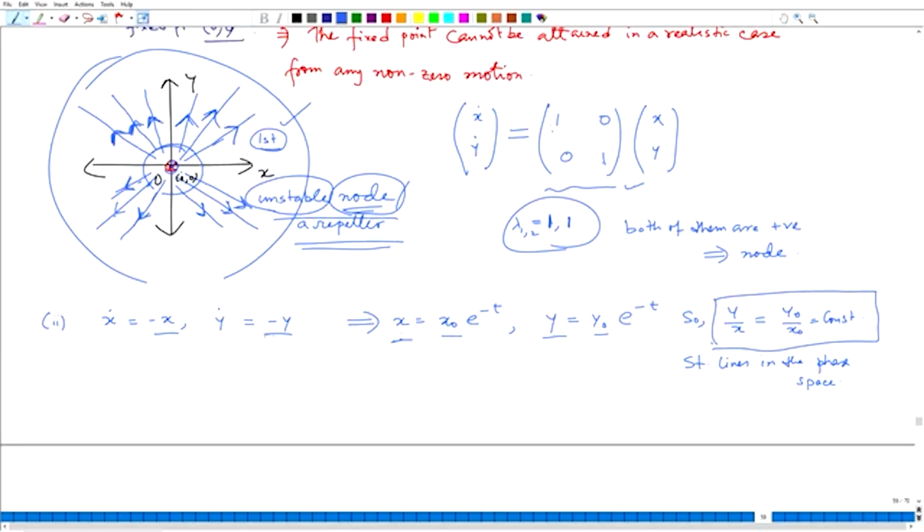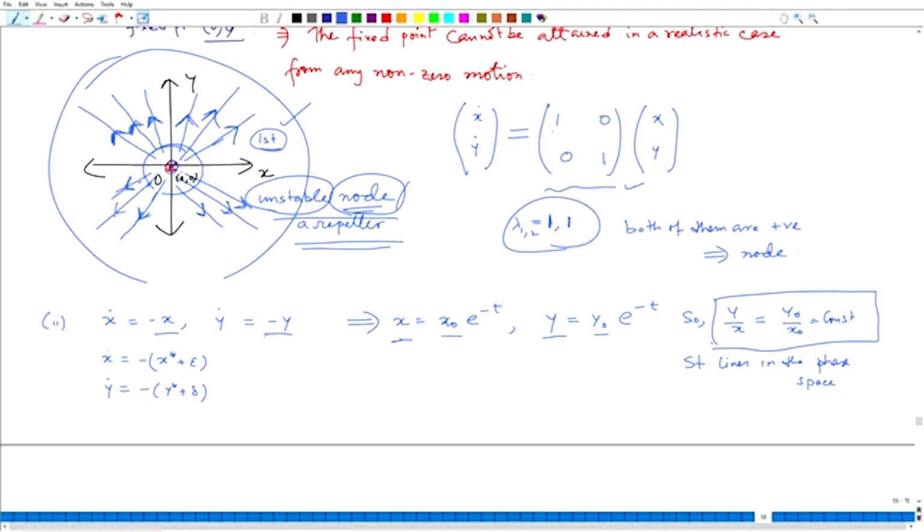Now, you can do the same type of analysis in a different way. You can do a small perturbation: x dot is equal to minus x star plus epsilon, and y dot is equal to minus y star plus delta.